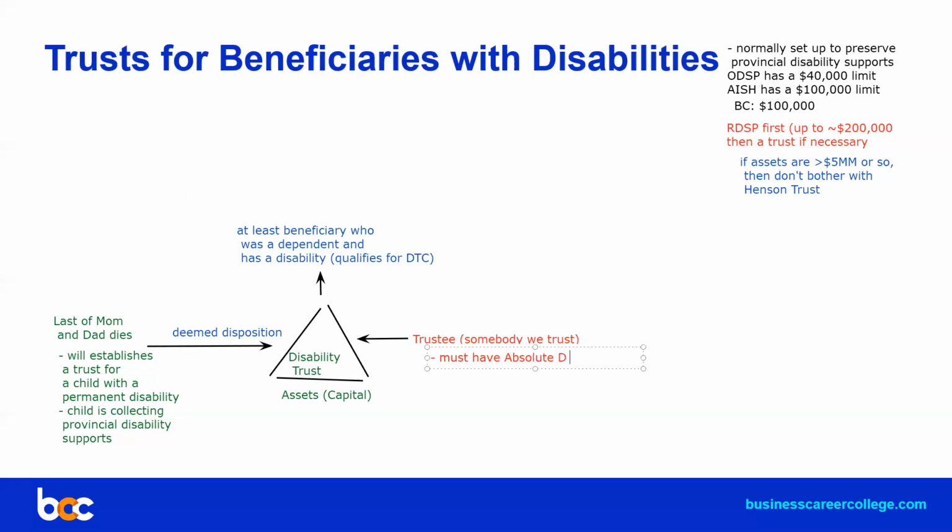What does that absolute discretion mean? If I use that term, absolute discretion, what does that mean? That means they have full control. So that also means then, by extension, that the beneficiary has no fixed or guaranteed rights to this trust. Is that fair?